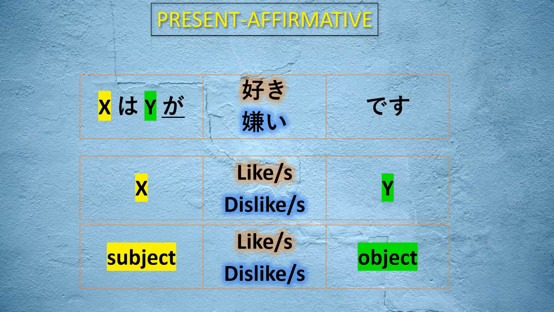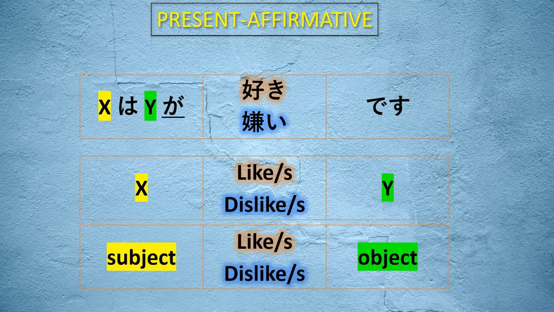Now this is the equation when we use the adjectives suki and kirai. Again, suki and kirai are adjectives in Japanese, but they are treated as verbs, okay? Because of the subject and object in the sentence.